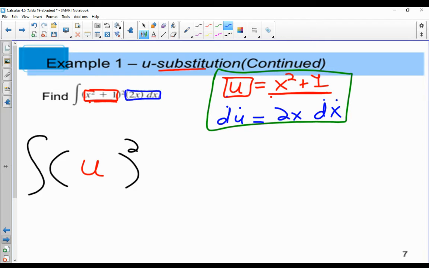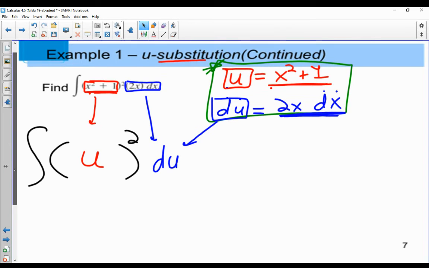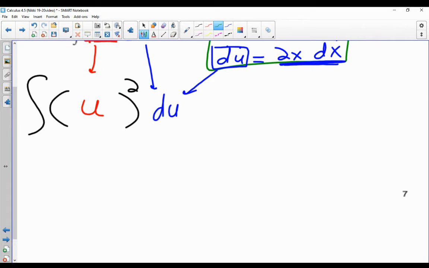Here, we have 2x dx, which as you see here, has been labeled as the same thing as the derivative of u. So I'm going to replace 2x dx with du. So right behind there, I'm going to put du. In other words, I've replaced the x squared plus 1 with u, and I've replaced the 2x dx with du, using these key components over here. So by doing that, we now have u squared du.